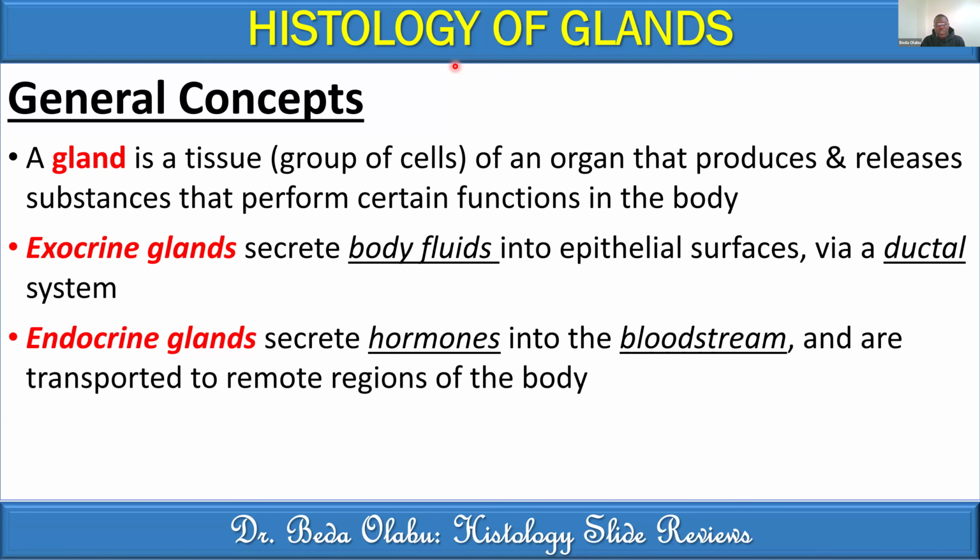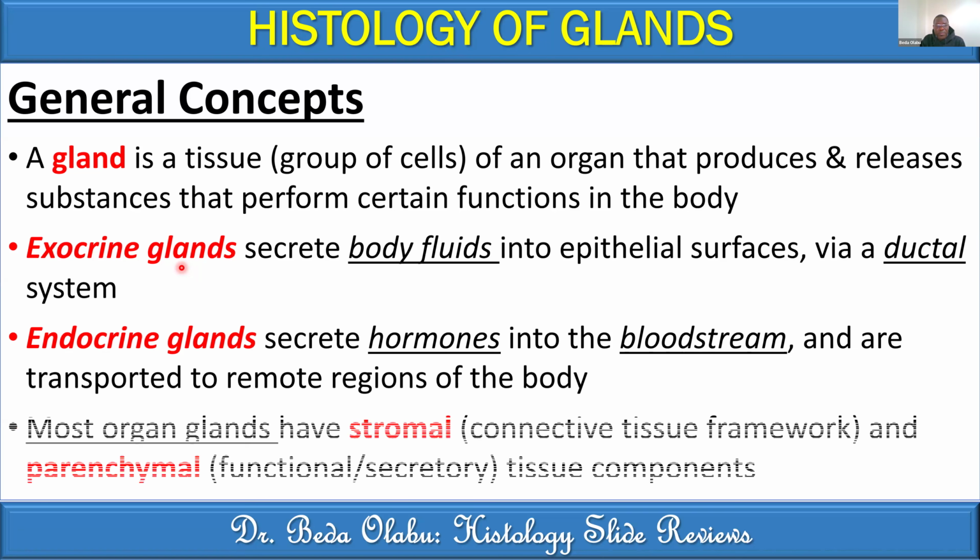And that is why it's released in the bloodstream. So hormones will be spread almost all over the body, wherever blood goes. And they'll find their target tissues wherever they are, and they can act on them. So glands can either be endocrine or exocrine. That's the message I'm making here.